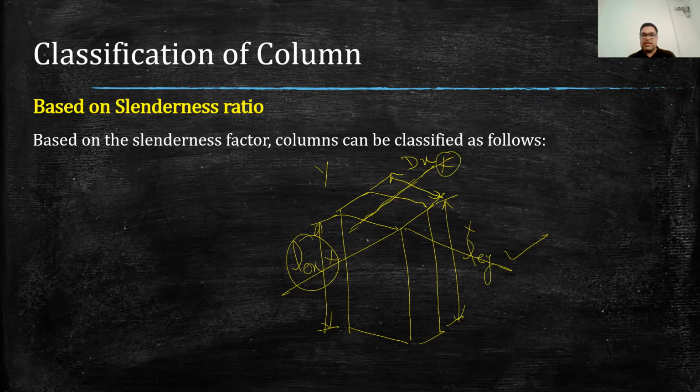Similarly, if this axis is running like this, then the dimension perpendicular to this will be termed as DY. Why? Because if the column is bending along the x-axis, it will bend like this, so this bending is occurring along the x-axis.